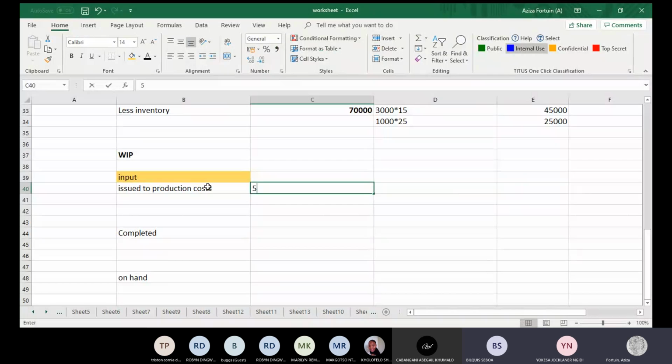The example shows the total direct labor cost for April was 30,000.